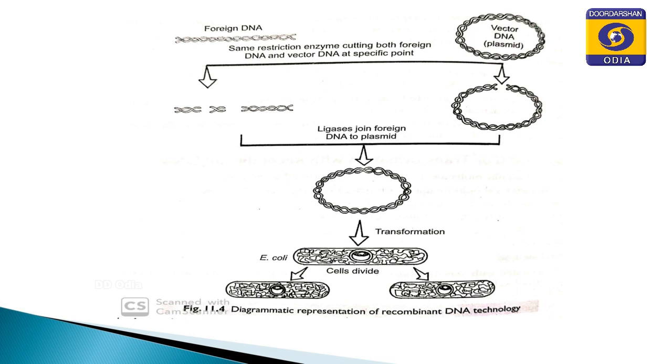Then this plasmid is reintroduced into the host organism from where it was taken. Suppose the plasmid was taken from the bacterium E. coli, then it will be taken back again to E. coli, and then the E. coli is allowed to be cultured in artificial medium under controlled conditions.